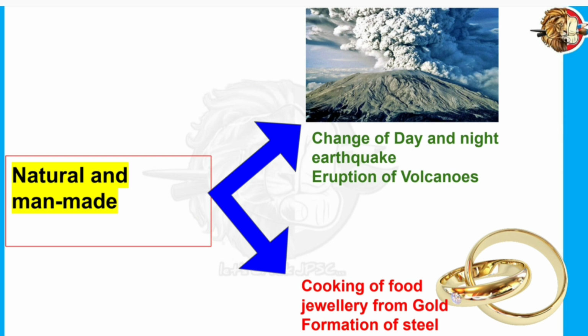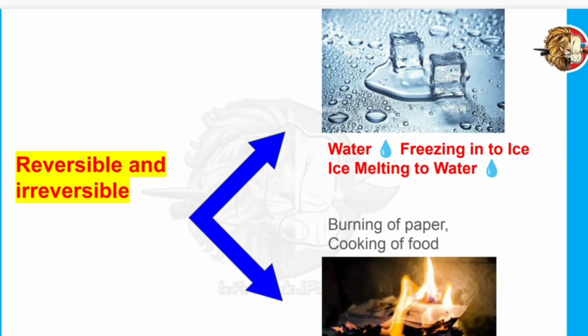But certain processes like cooking of food, jewelry from gold, and formation of steel, these are man-made changes, because in this process man uses certain resources to achieve certain goods for his use, and he is used to them in everyday life.